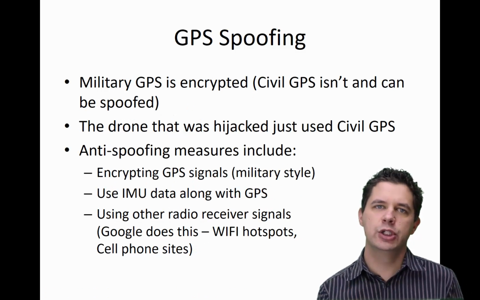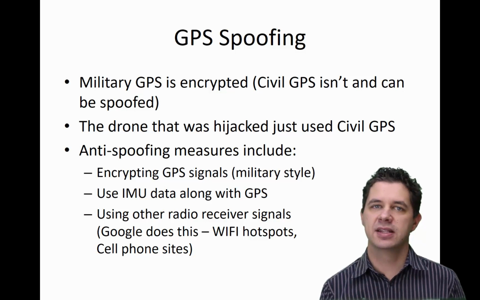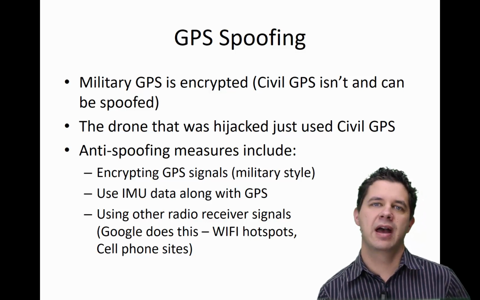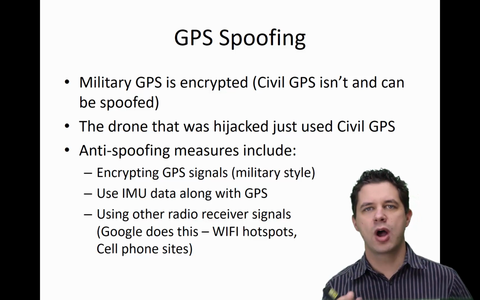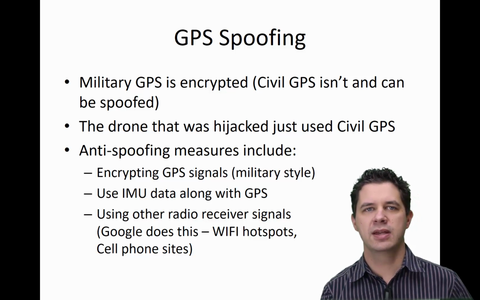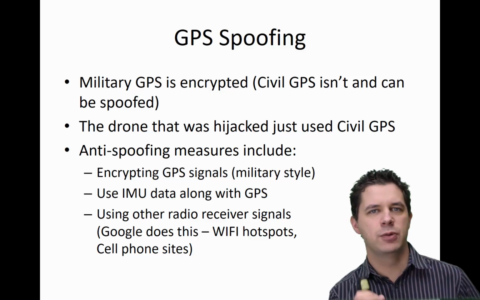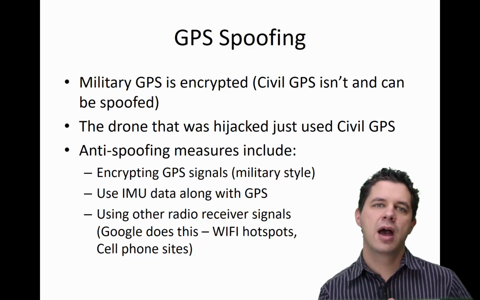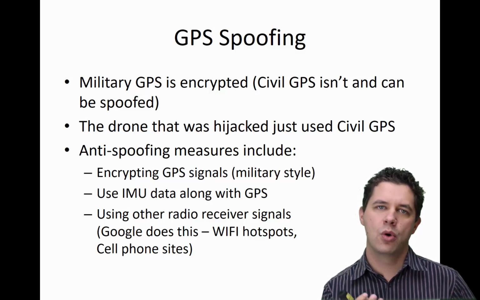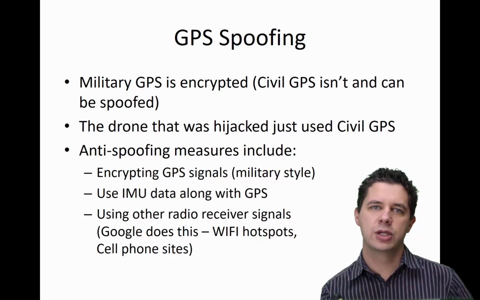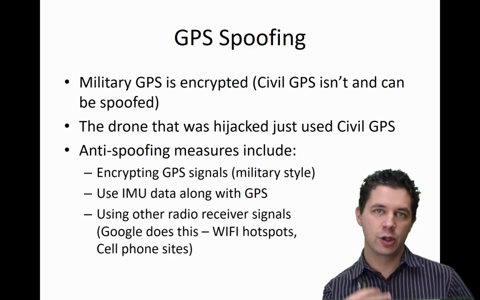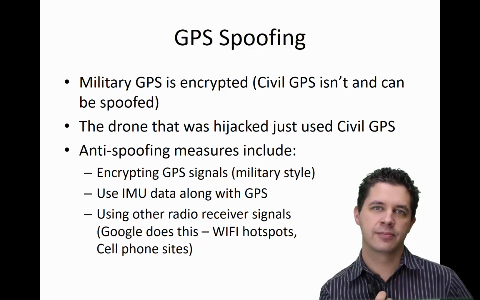Now we should mention that military GPS is encrypted and civil isn't. And so civil GPS can be spoofed, but military can't. And the drone that was hijacked was using just civil GPS. So there's a few different anti-spoofing measures available to us. One is encrypting them, like the military do, but using an IMU or an INS system alongside the GPS to use that inertial data to see if it lines up with what our GPS is telling us.